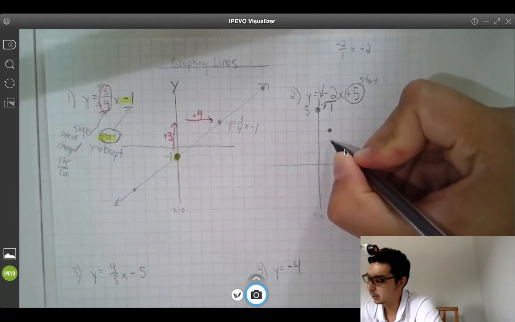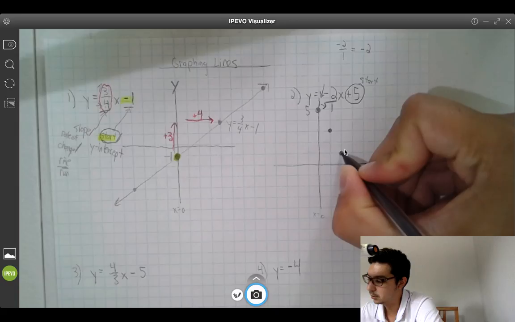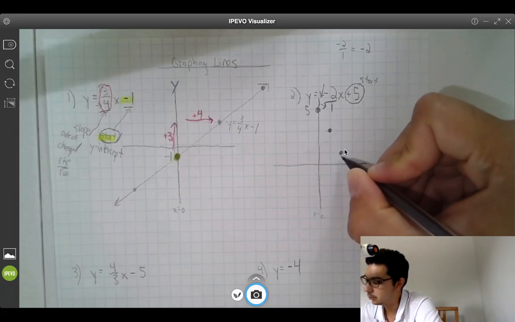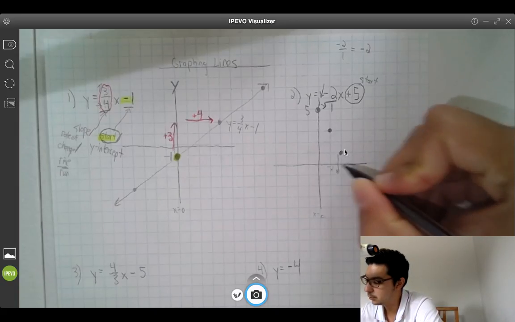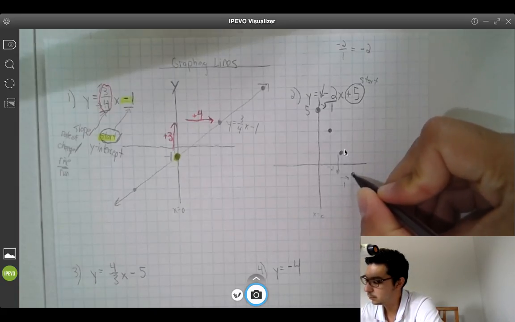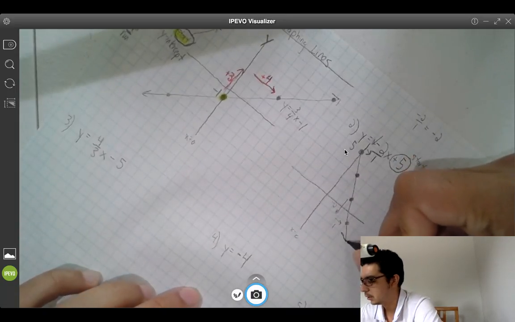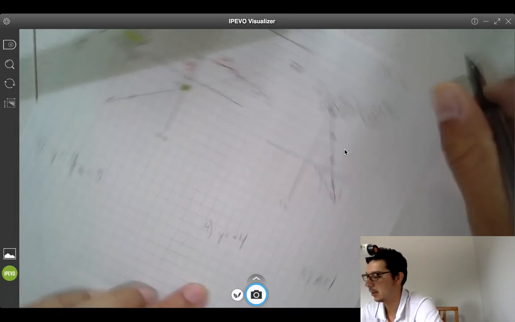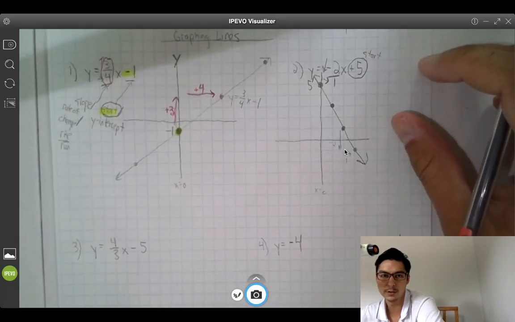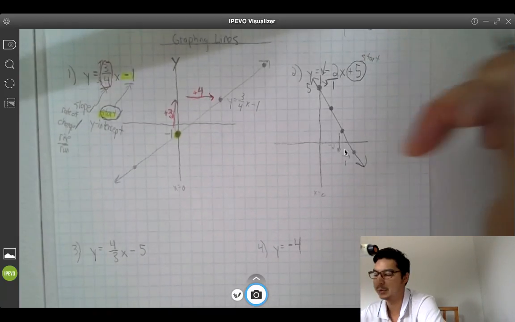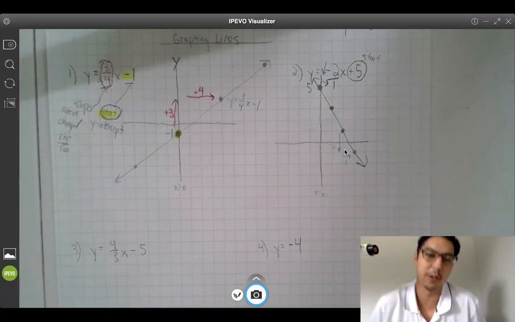And you could keep going, down 2, right 1, keep going down 2, right 1. And there is the next line. And notice how I draw the line all the way through the points, and I put arrows on it because it keeps going. These don't end as far as we know.